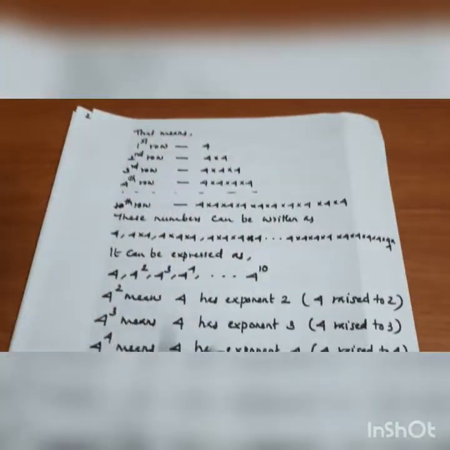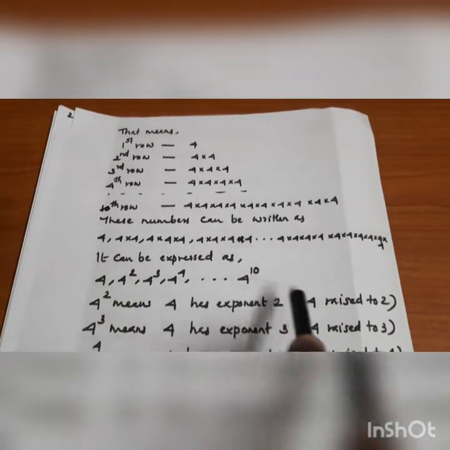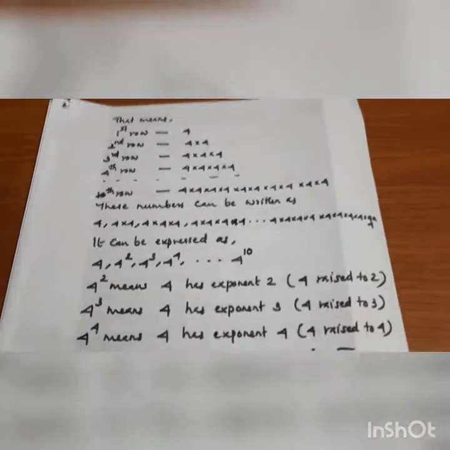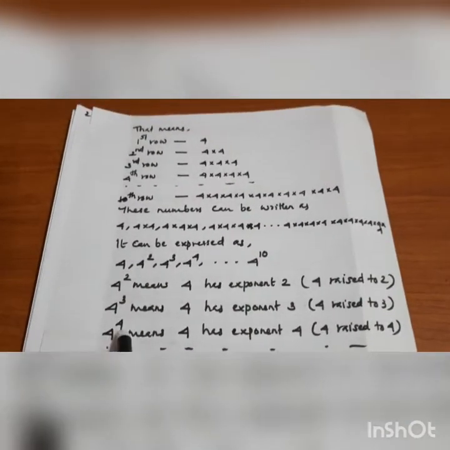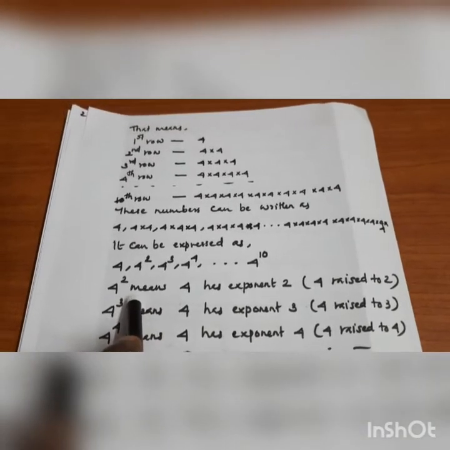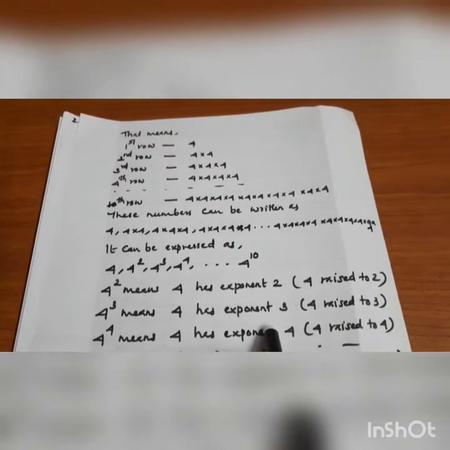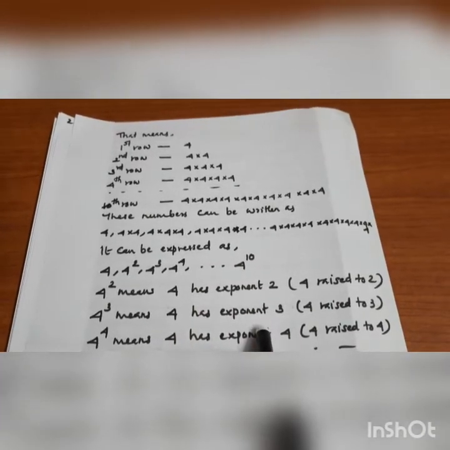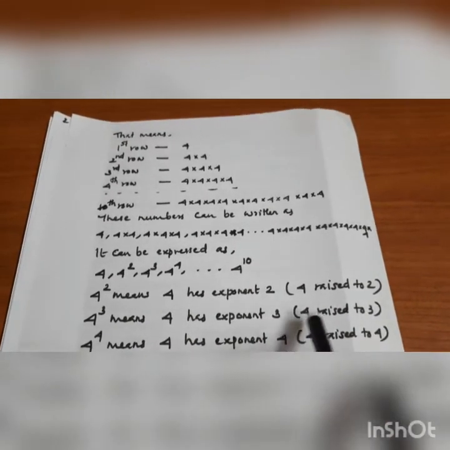And in the usual way, we read it as 4 raised to 2. Then 4 and upper right side 3. It is 4 has the exponent 3 or 4 has the power 3, and read it as 4 raised to 3. Then this is 4 raised to 4 and this is 4 raised to 10.